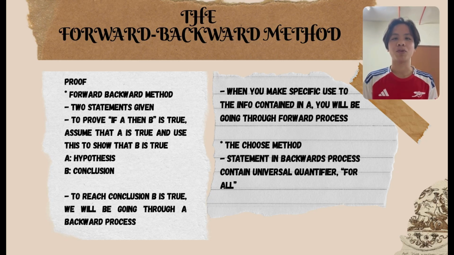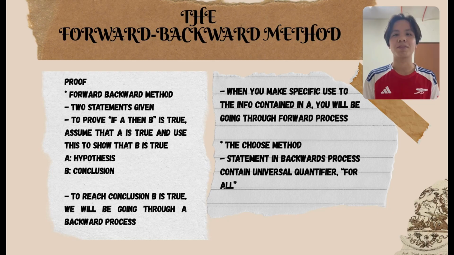If we want to prove that statement A implies statement B, we start by assuming that A is true. Then, using logical steps, we show that B must also be true. This process is known as the forward process because we move forward from the hypothesis to the conclusion.